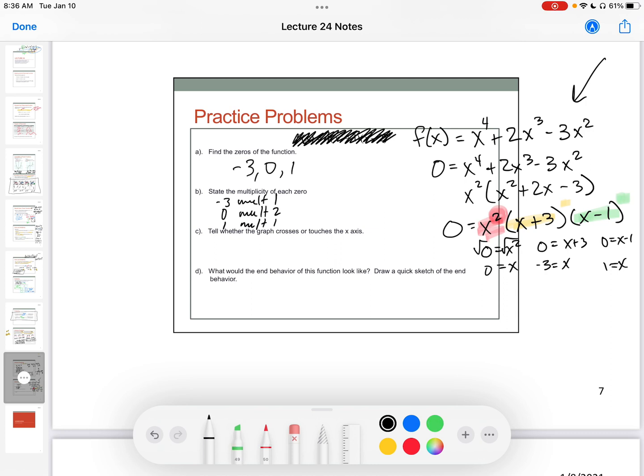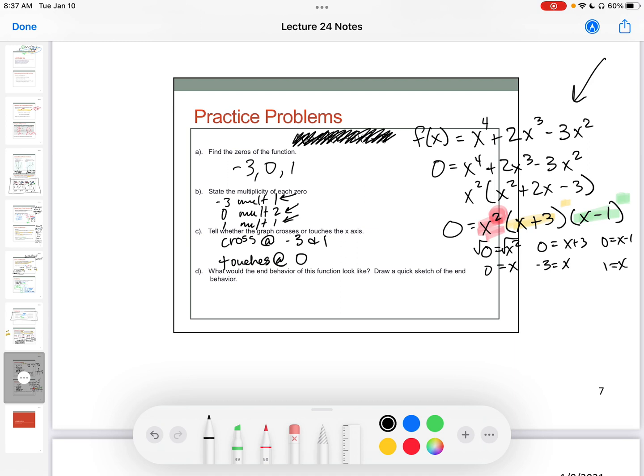So just look at the exponents to find those multiplicities. Then you need to know if it crosses or touches. This graph would cross at all of your odd multiplicities, so it crosses at negative 3 and 1, and it touches at my even one, so it would touch at 0.